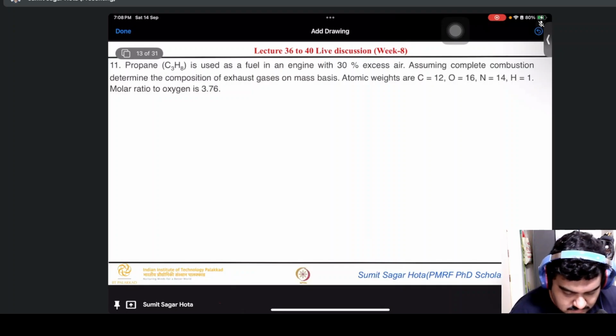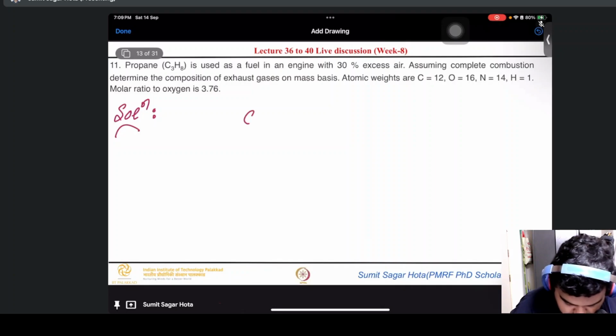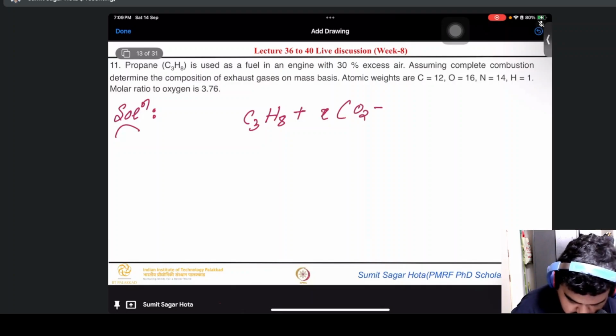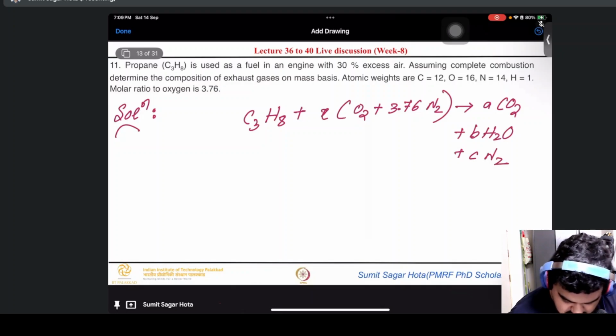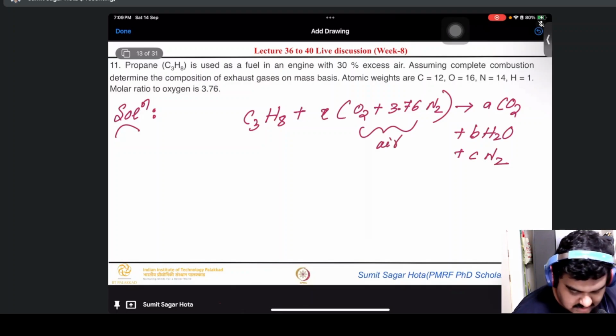Okay, so let's start the solution. Here in this question they are asking about 30% excess air, and then you need to determine the composition of exhaust gases.